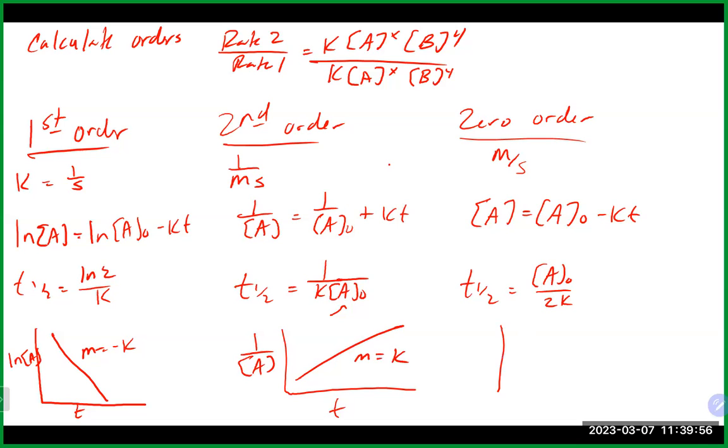And lastly, for zero order, we graph concentration versus time, giving us a linear line where the slope is equal to minus k. Remember that we also saw this graph here for first order, but it was not a linear relationship. It was an exponential decrease with time.